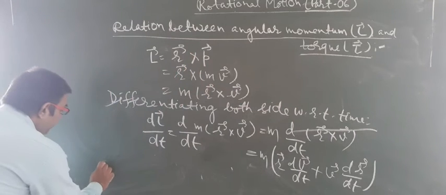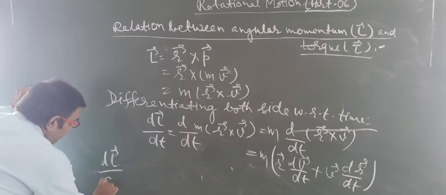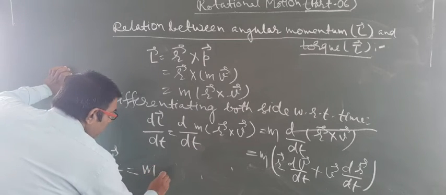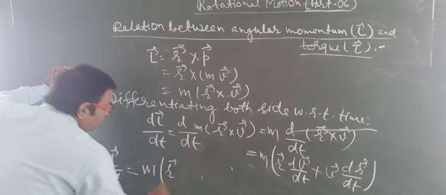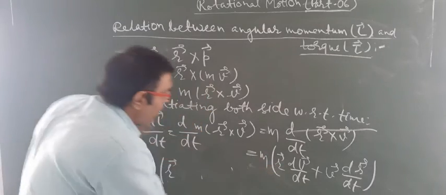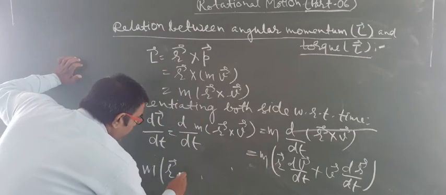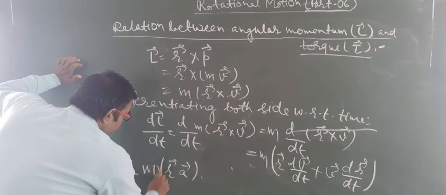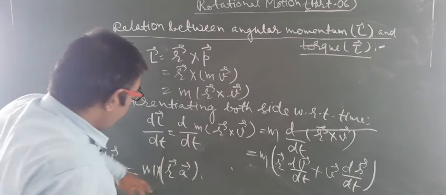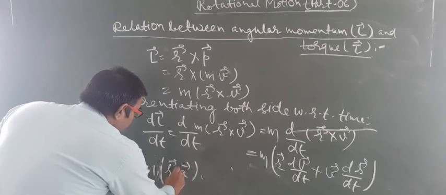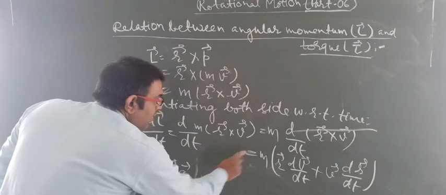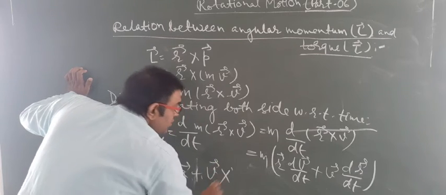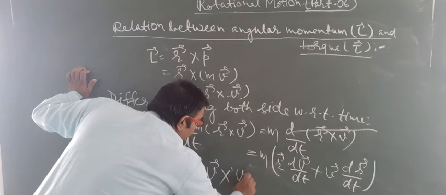From here dL upon dt is equal to m times r cross dv upon dt, which is a, plus v cross dr upon dt.